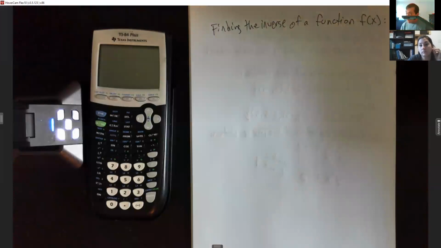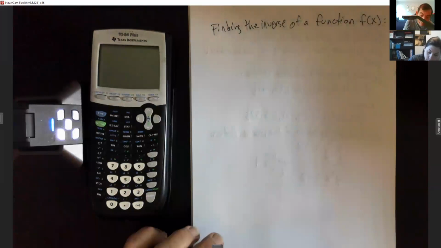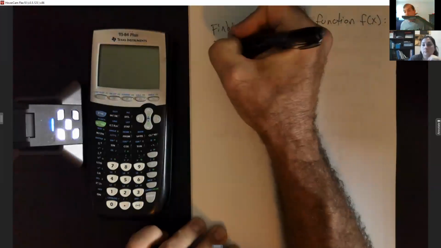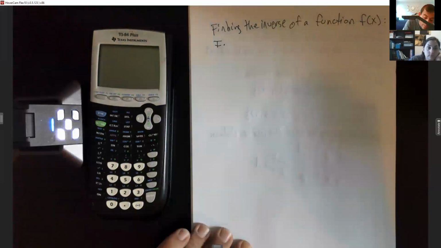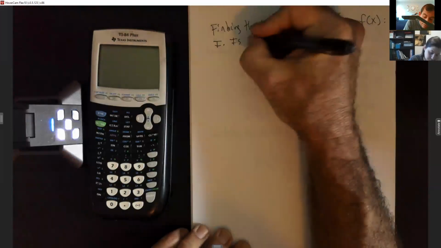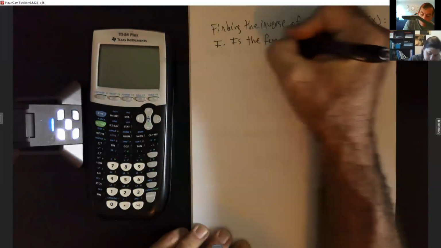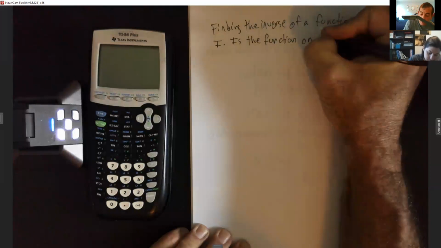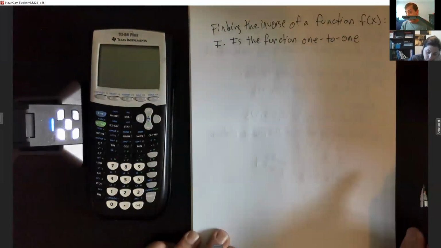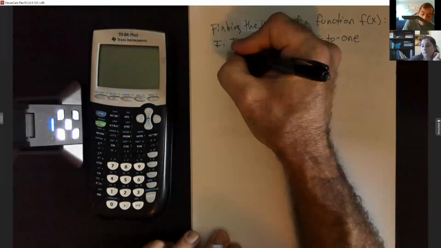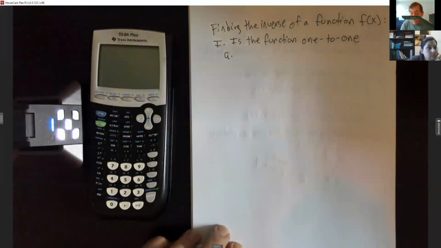It's a little bit more detailed than doing those ordered pairs, okay? So the first thing we're going to check is to see if it's 1-to-1. So is the function 1-to-1? And I'm going to show you in a second how we're going to check that. We're going to use what we call the horizontal line test to check that. So I'll show you. So if it's not 1-to-1, stop.